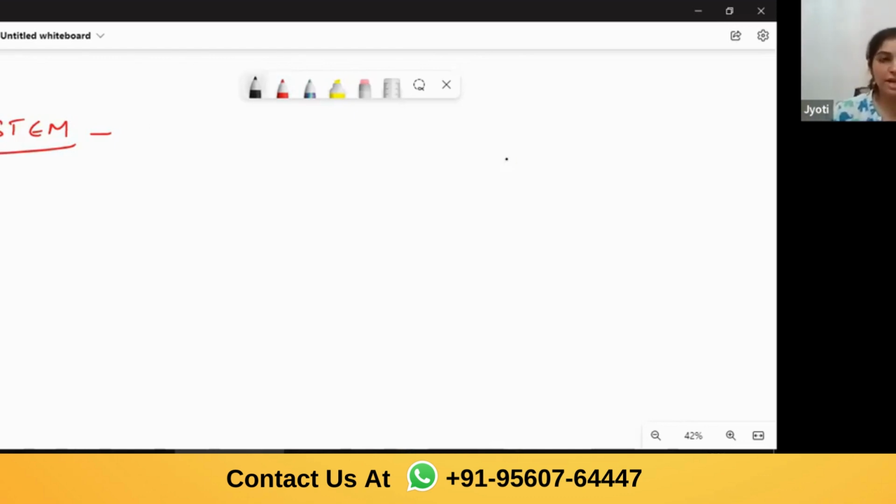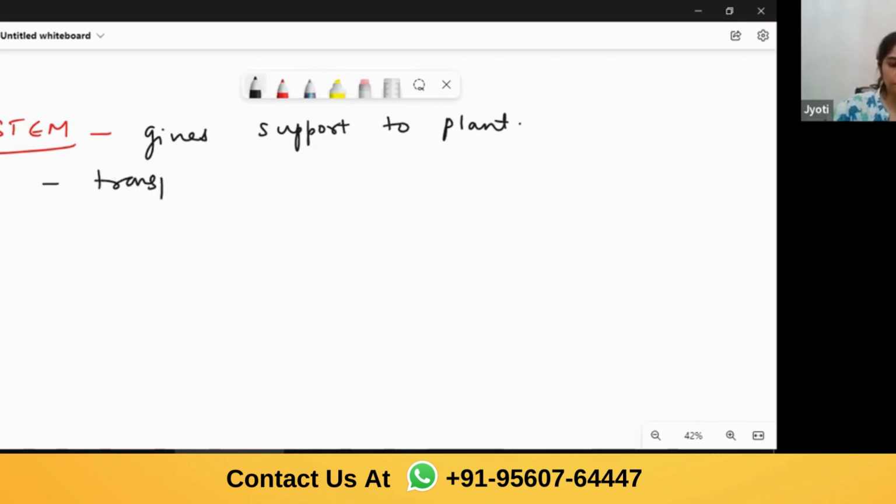So stem, it gives support to the plant. And the second function is transport system.